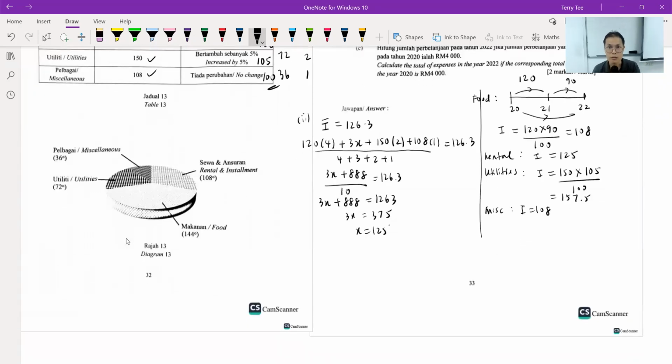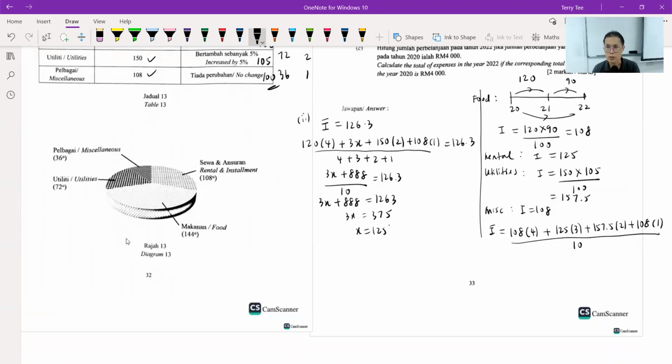So we just repeat the process. The composite index will be, let's start with 108 for food, multiplied by the weightage, which is still 4. Rental, 125, weightage is 3. Then utilities is 157.5, times 2. Lastly, miscellaneous is the same, 108 times 1.